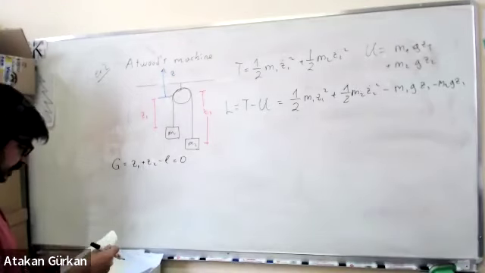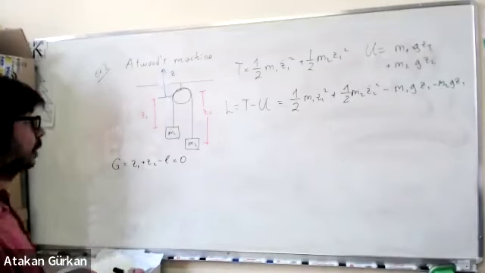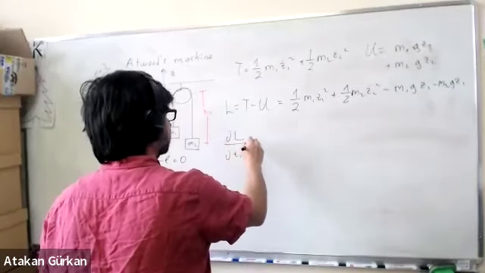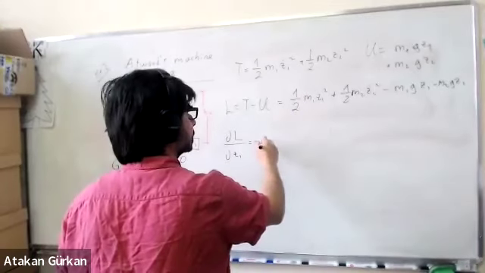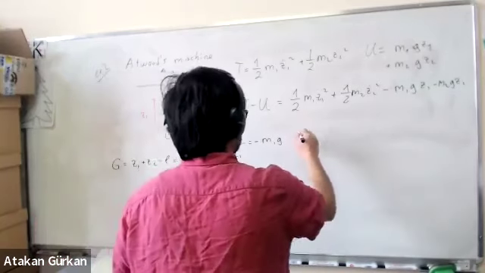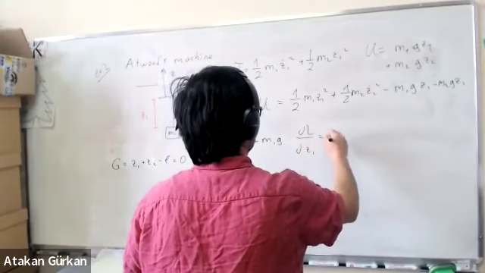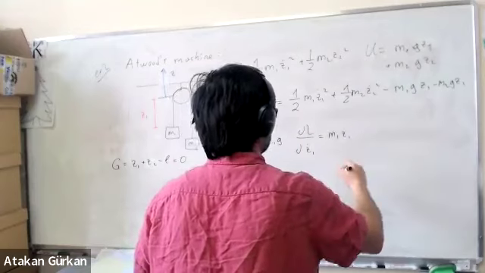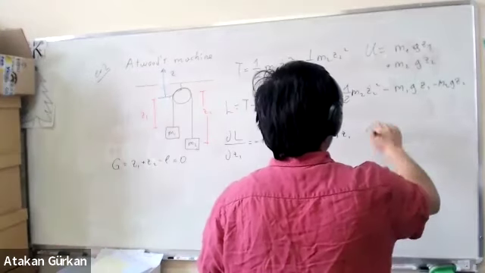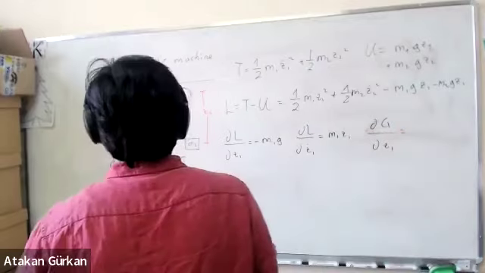Okay, so let's check what I did at home. I can't figure it out. But let's write down our equation. So this one is going to be minus M1 G Z1. Del L by del Z1 dot is going to be M1 Z1 dot. Del G by del Z1 is going to be 1.